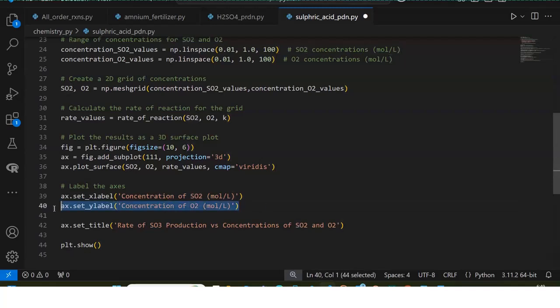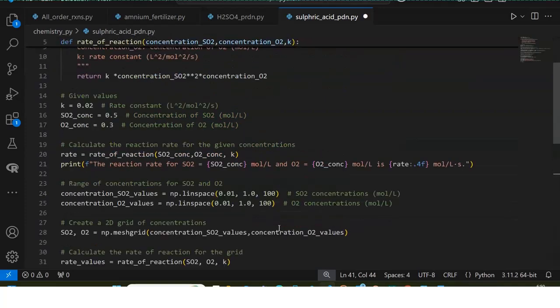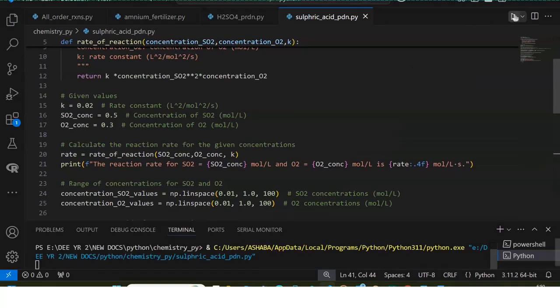Then we need to put the Z label, and this is going to be the rate of the reaction, which is in moles per liter per second. Then the title is going to be the rate of sulfur trioxide production versus the concentration of sulfur dioxide and oxygen. So we save and then run this simulation.